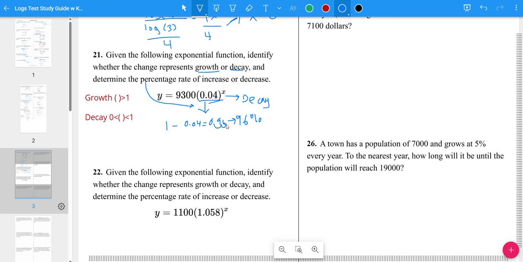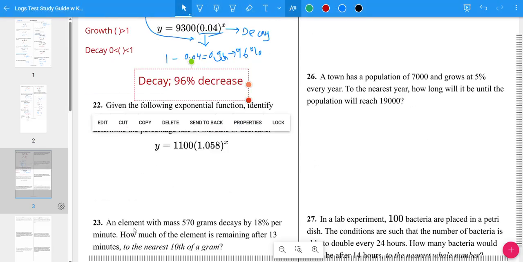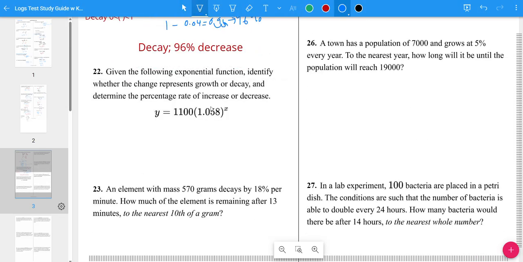So move the decimal place twice. So it's decay, and we have a 96% decrease. Okay, and then same thing here.